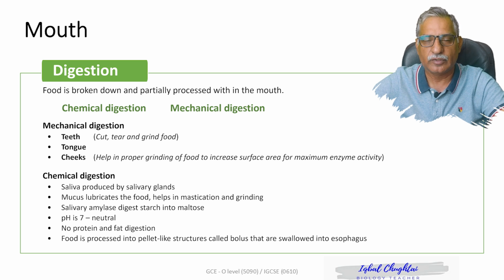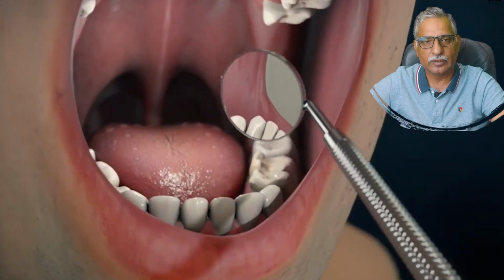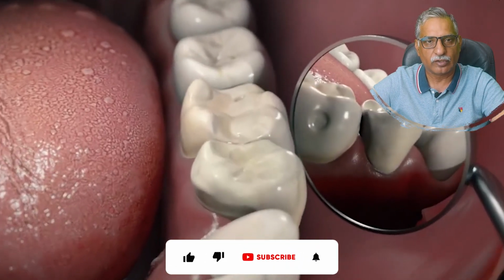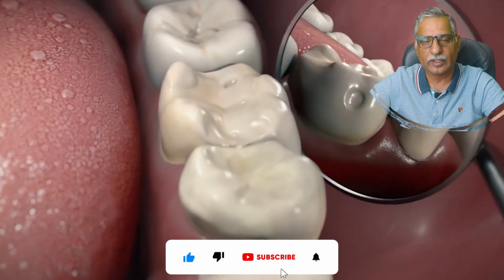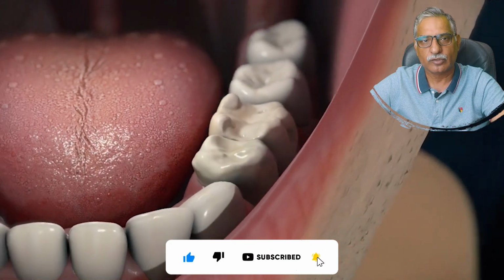Before we proceed further with the esophagus, and what happens to the food when it travels through the esophagus towards the stomach, we must discuss teeth. Teeth, the bony structures responsible for mechanical digestion in the mouth, we must know about.